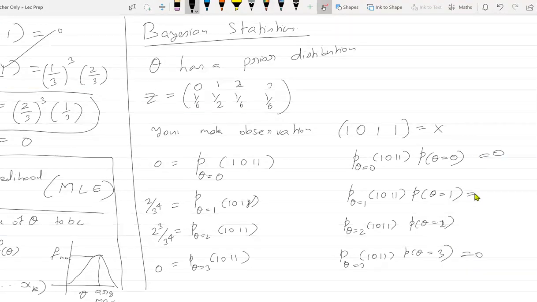So what is this particular value? It is 2 by 3 raised to 4 into 1 by 2, since the probability of theta equal to 1 is 1 by 2. And this quantity is 2 cubed by 3 raised to 4 into 1 by 6. Is the calculation clear?